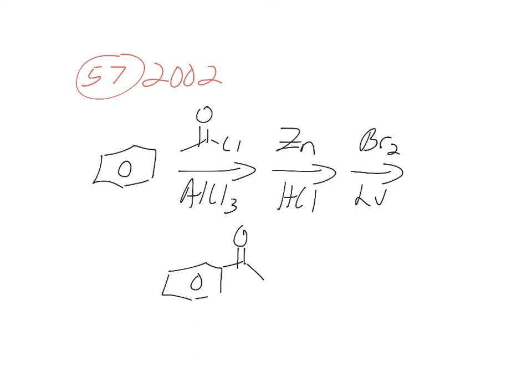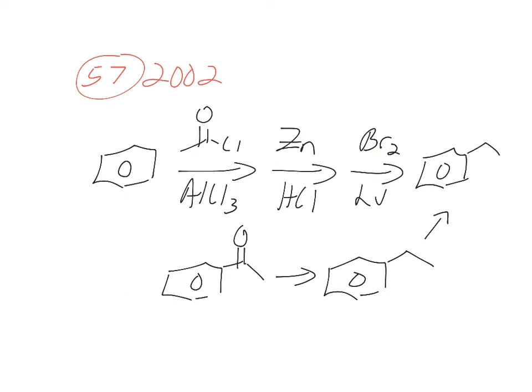What the zinc and HCl does is a reduction of the ketone, the benzylic ketone, all the way down to the alkane. And then Br2 in light does an allylic, or benzylic in this case, bromination. And I believe the product would be that. Yep, so that would be the sequence.